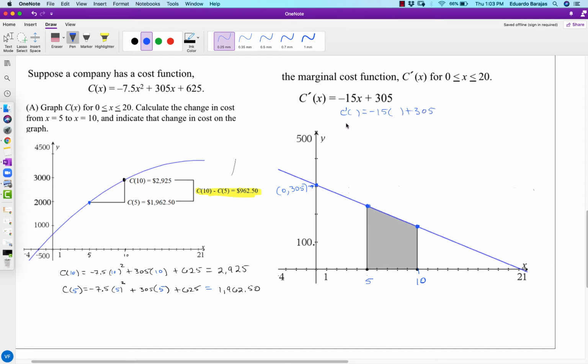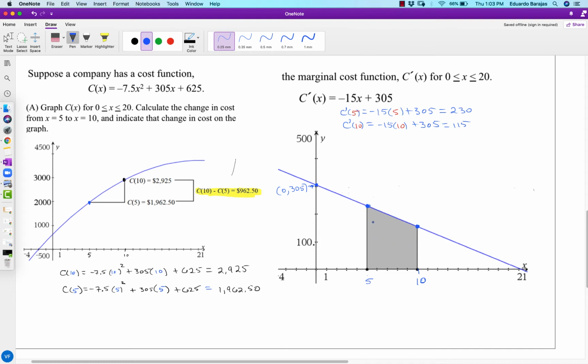And then I'll also need to figure out C prime of 10, which is negative 15 times 10 plus 305. So one of them will be when we evaluate this at 5, and the other one will be when we evaluate this at 10. Okay, so if we do a little bit of calculating, we get that this should be 230, whereas this is equal to 115.